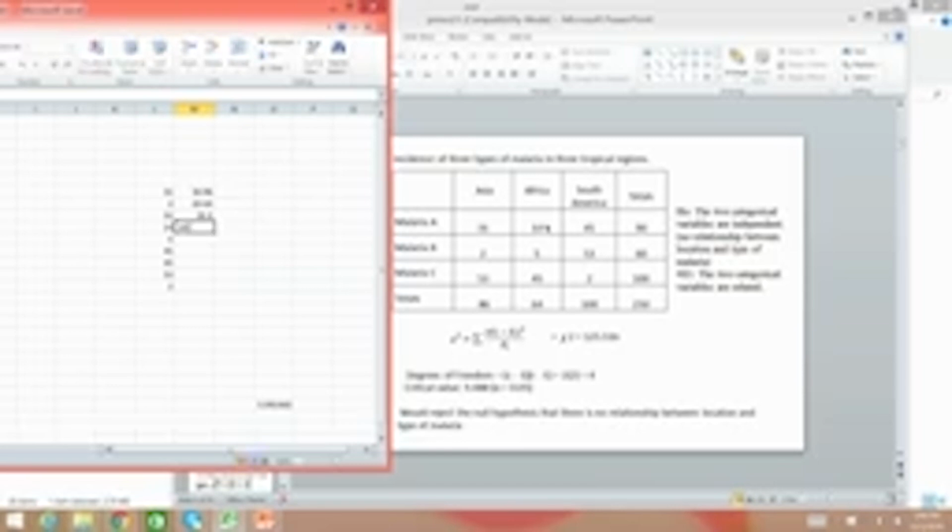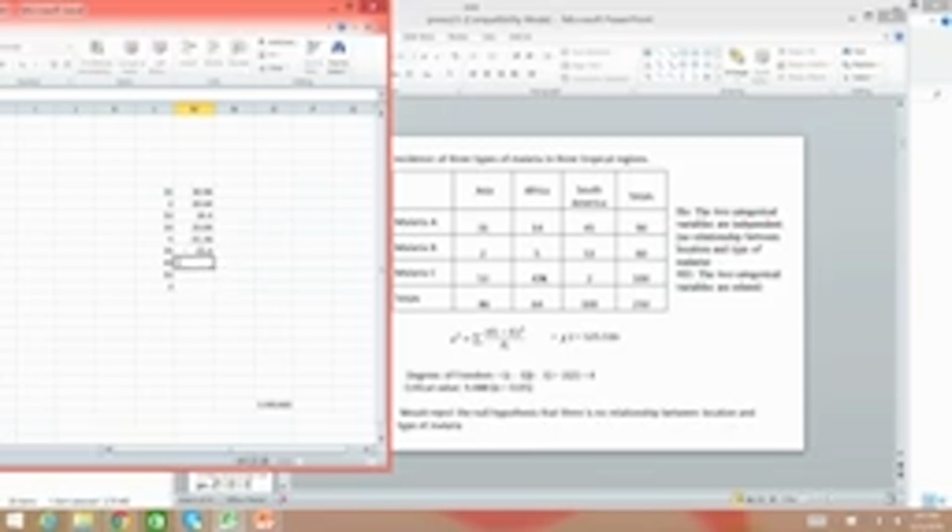64 divided by 250 multiplied by 90. The next one will be 64 divided by 250 multiplied by 60. The next one will be 64 divided by 250 multiplied by 100.